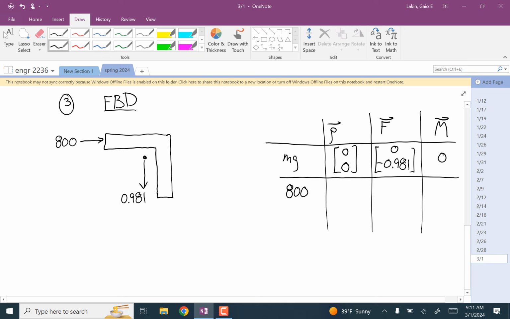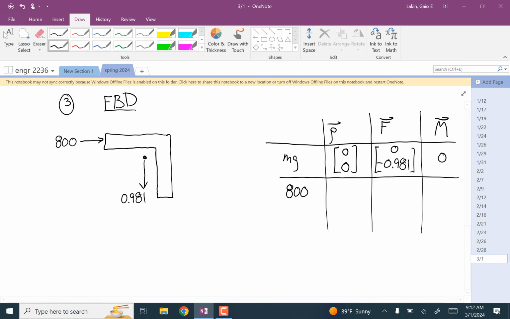Okay, so how do we calculate the rho vector for that 800 Newton force? Remember this. And actually, if you look at the solutions, I think in a lot of the solutions, the table has two other columns in it. Have you noticed that? It has a P column and an A column.